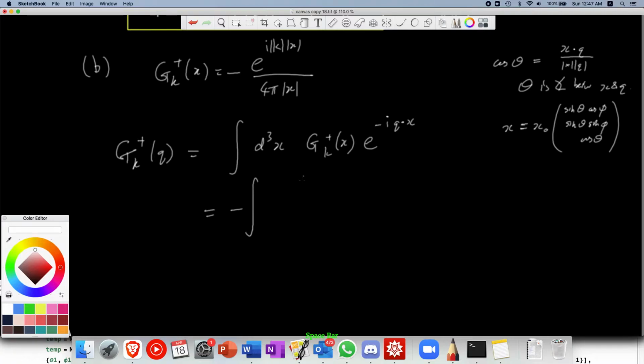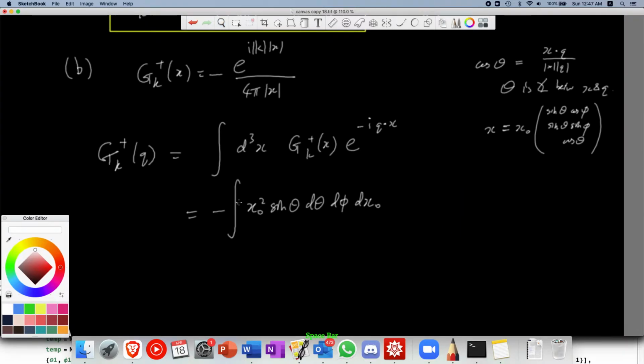Okay, so let's go ahead. The differential over here converted to polar coordinates would be this. Then we have this Green's function in position space, that is e to the power of i k x over 4 pi x, and then over here we have e to the power of minus i q x cosine theta.